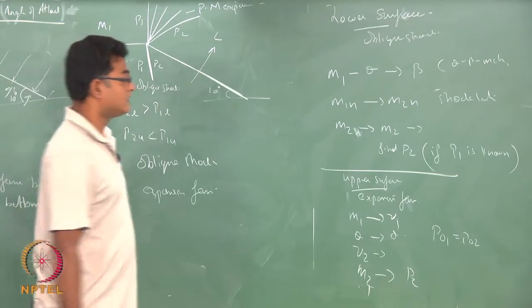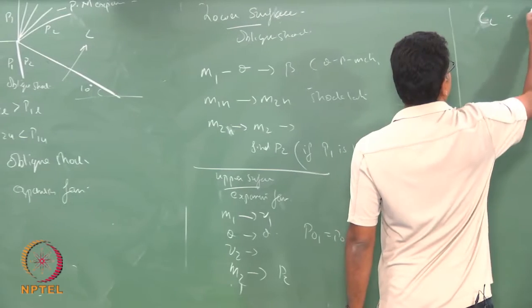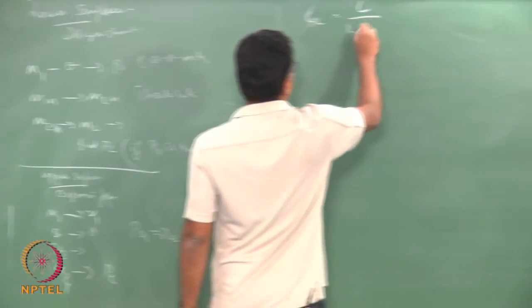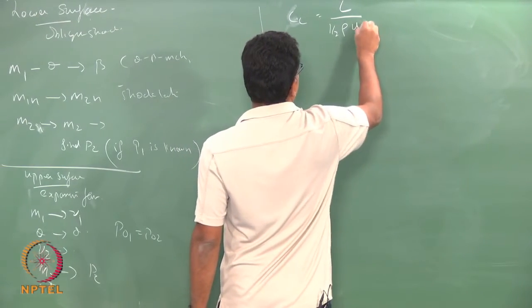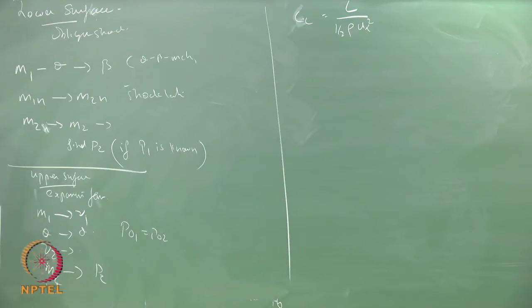Okay. So, that is the lift, and CL is nothing but lift divided by 1/2 rho u infinity squared, which you can write in terms of Mach number.